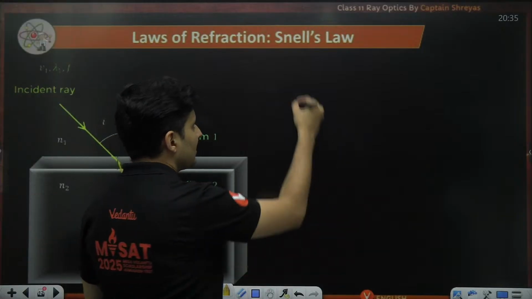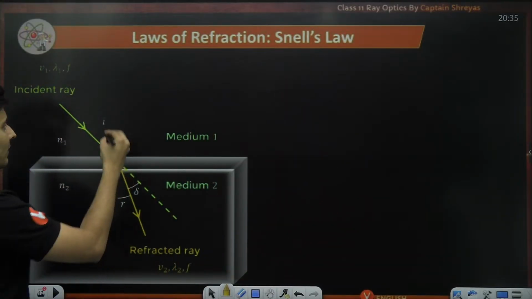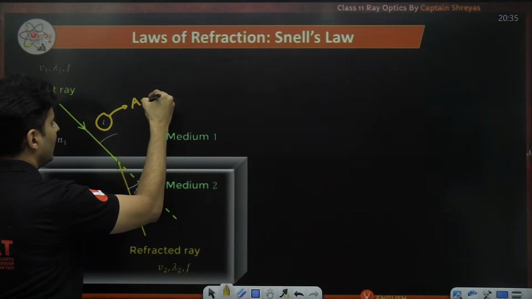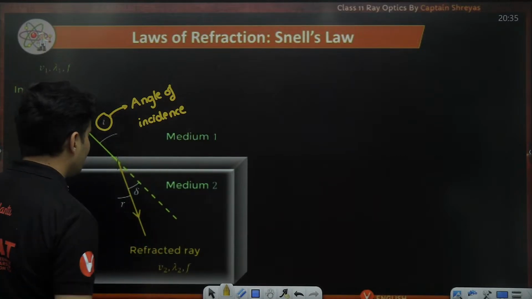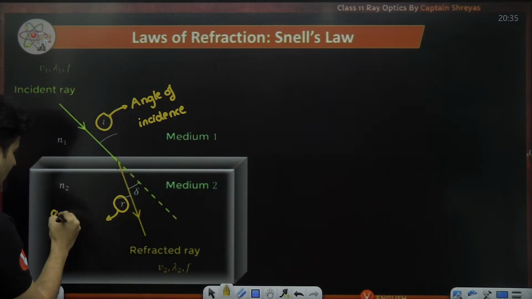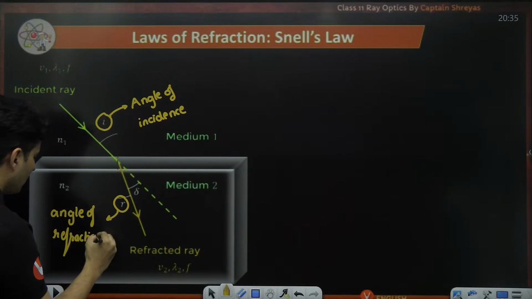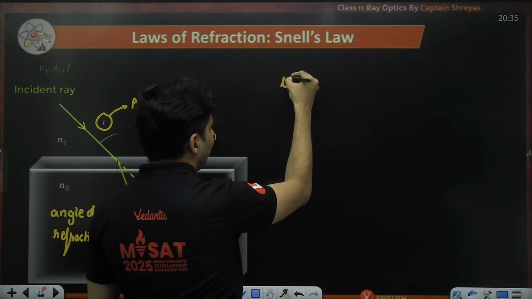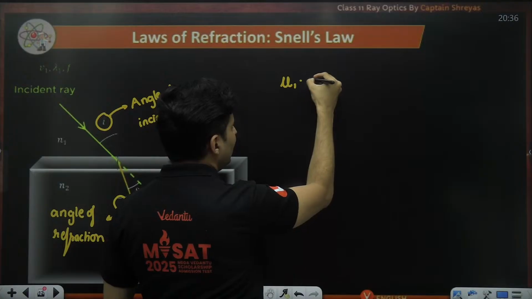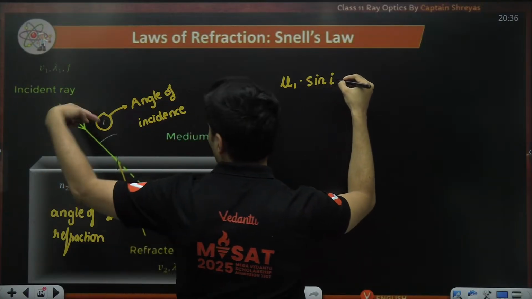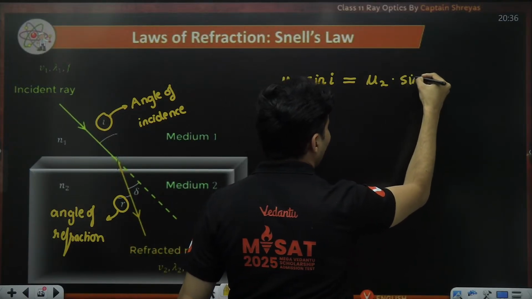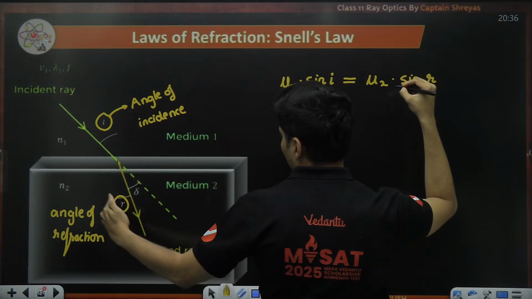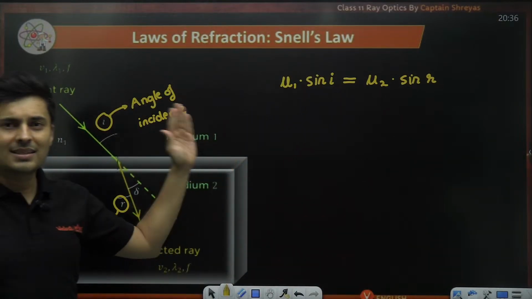So, as per this, if i is the angle of incidence, like we had the angle of incidence in reflection, and this is the angle of refraction, then as per Snell, the first medium, whatever it is, into the sine of the angle in that medium, is equal to the second medium, whatever it is, into the sine of the angle which is made by the ray with the normal in that particular medium. That is simply put Snell's law.